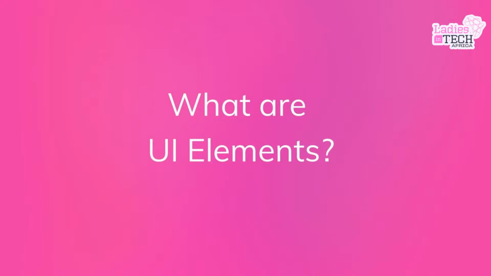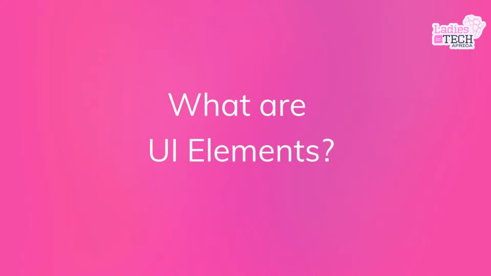Can someone list it for us? There are six of them. Let's see people that are listening. Okay, clarity, good. Simplicity, all right. I see a lot of people learned about consistency. All right, feedback.